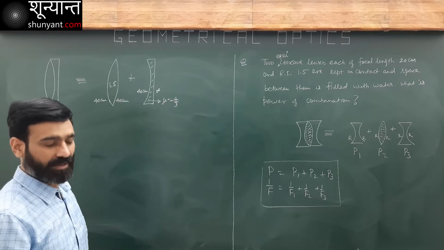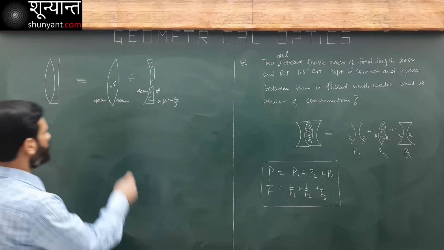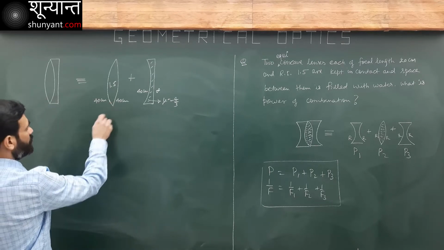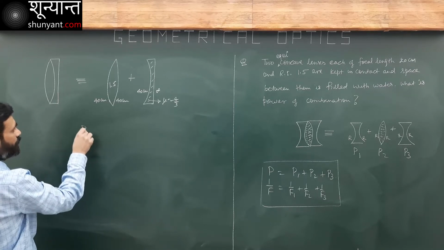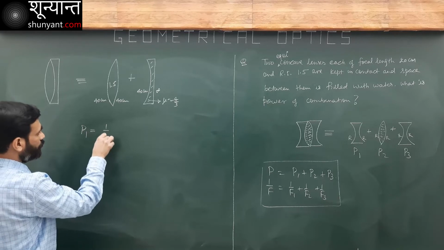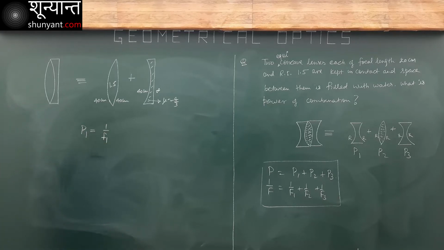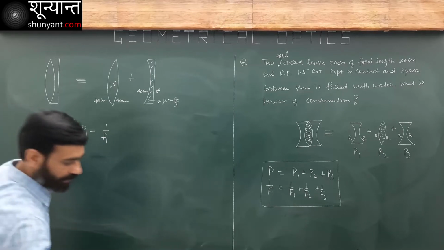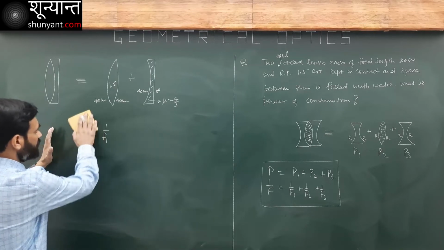Let me come straight to the confusing point. What will be the focal length here? P1 is equal to 1 over F1. Or let me not write P1 because I am going to do it in centimeter.